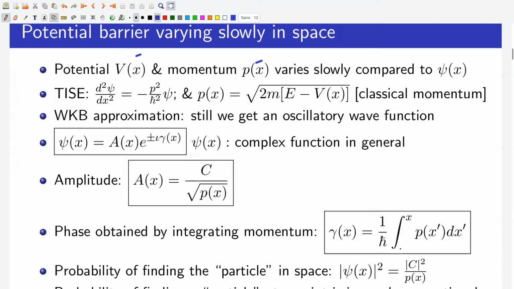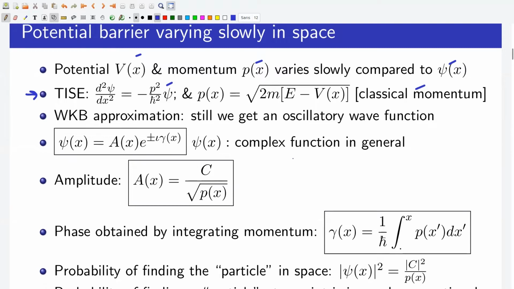By slowly varying, I mean V of x and p of x vary slowly compared to the wavelength of the wave function psi of x. The time-independent Schrodinger equation is given by d2 psi dx square is equal to minus p square by h cross square psi, where p of x is equal to the square root of 2m times E minus V of x. That is, p of x is equivalent to the classical momentum.